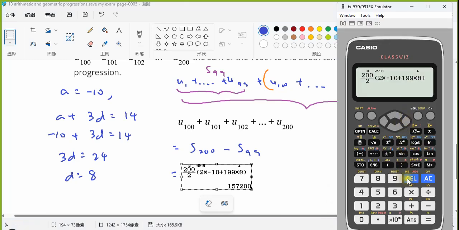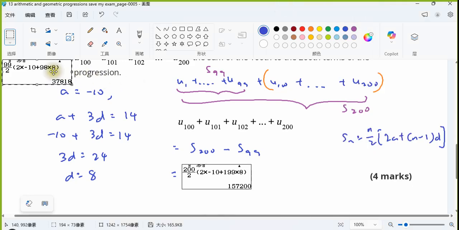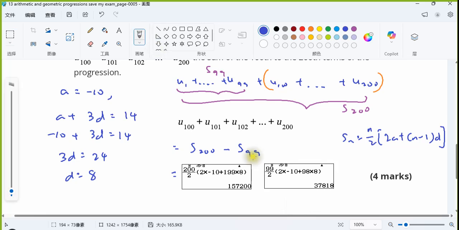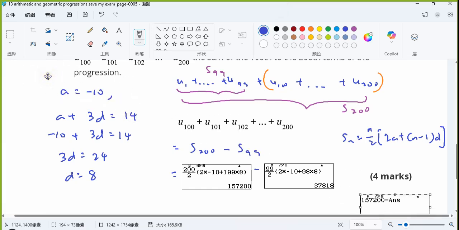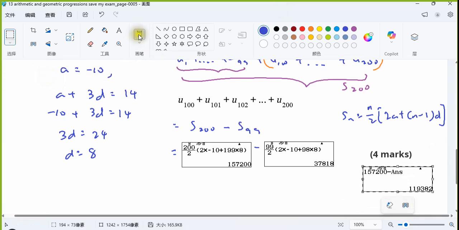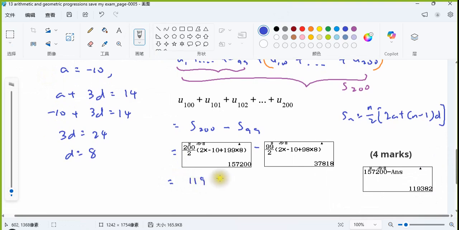And then for 99, we have 99 over 2, and then 99 minus 1 is 98. So we have 157200 minus the previous answer. So the answer will be this. Okay, so we have 119,382.